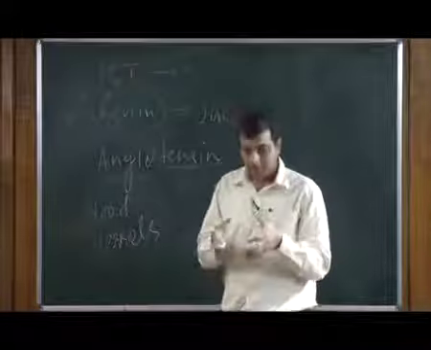So angiotensin is in the precursor form. We call it angiotensinogen. Angiotensinogen is the precursor of another form which is called angiotensin 1, which is converted into angiotensin 2.